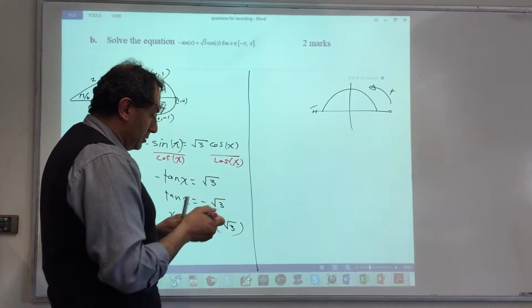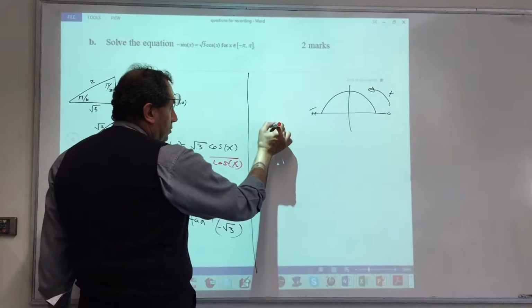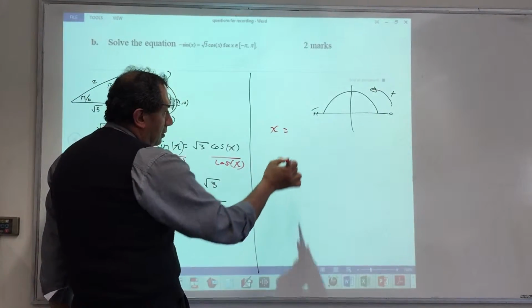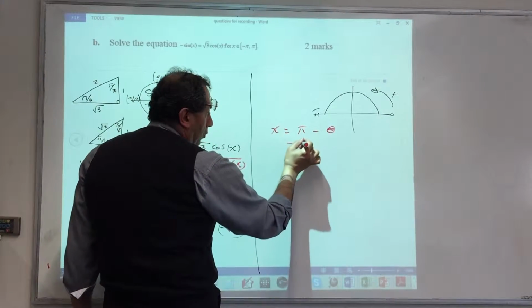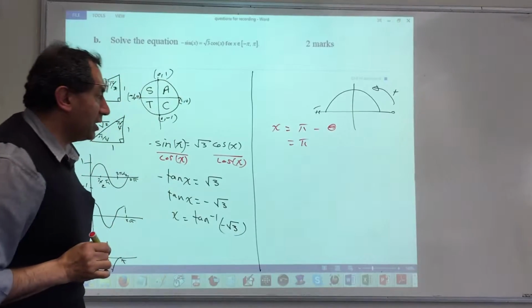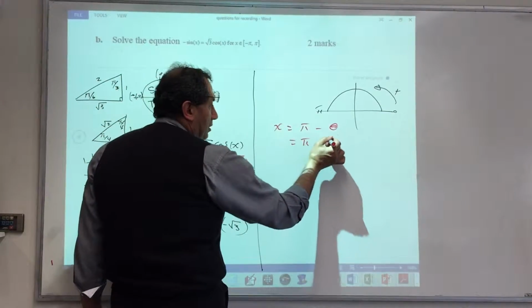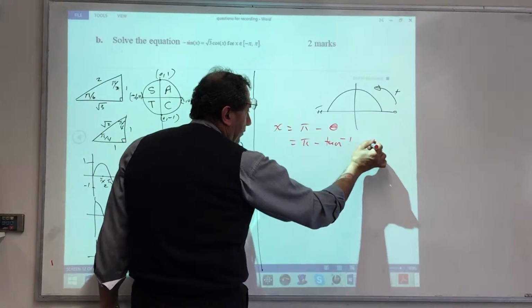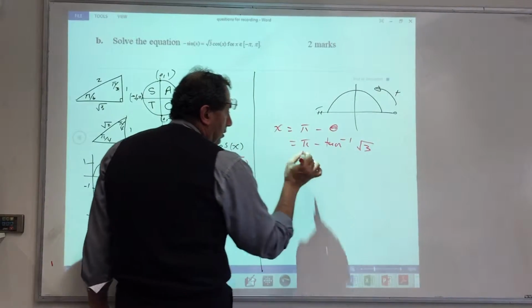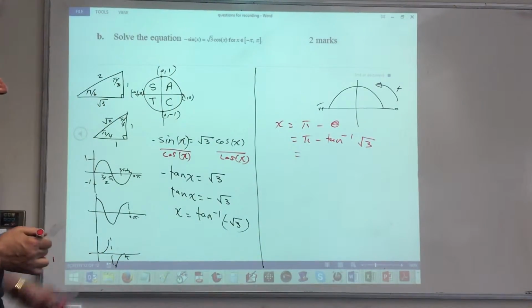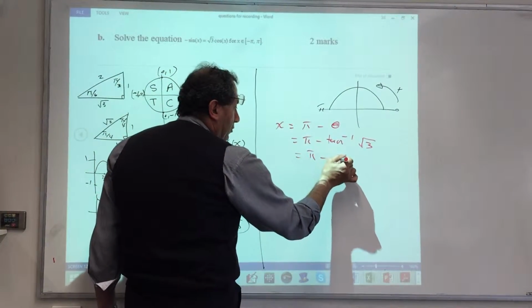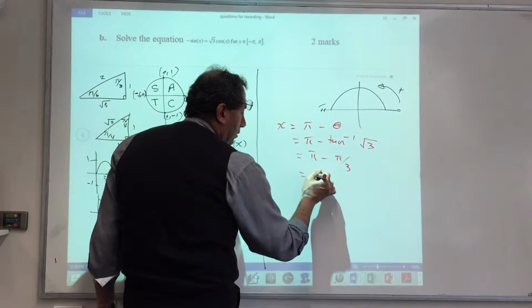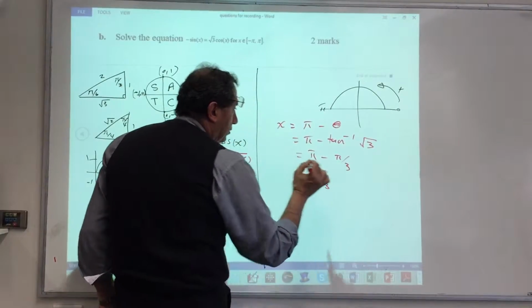Second quadrant, where x is equal to pi take theta. What is theta? Basic angle in the first quadrant, that is inverse tan of √3. From your exact values, inverse tan of √3 is pi on 3. So the answer here is 2 pi on 3.